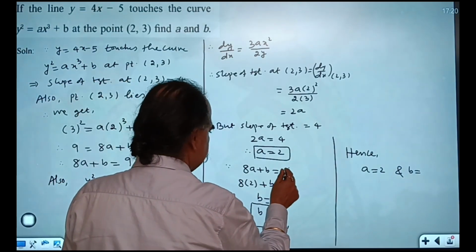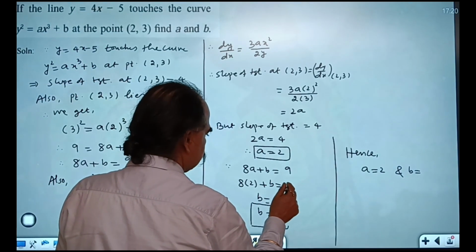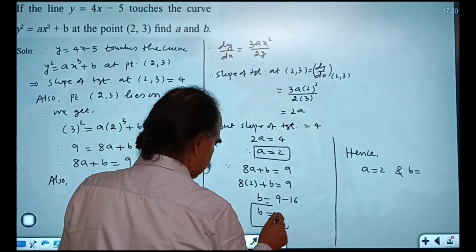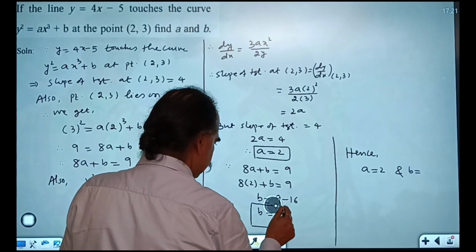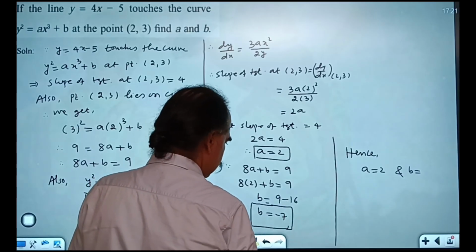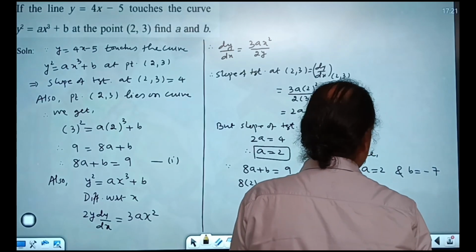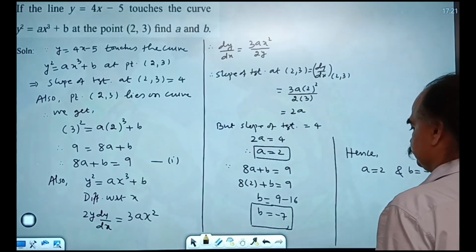There is a mistake. So 8a plus b is 9. 8 into 2 plus b is 9. b is 9 minus 16. b is minus 7. Hence, a is 2 and b is minus 7.